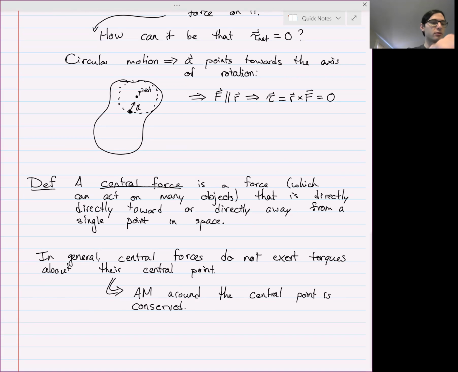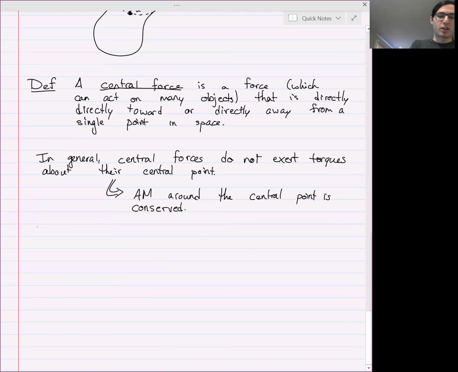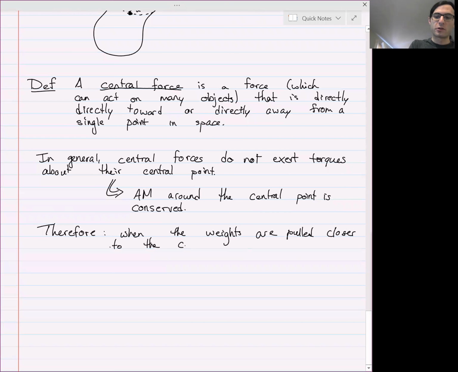And so, going back to how this rotation occurred, the spinning me demo, we can finally explain that. When the weights are pulled closer to the center, by the way, notice when I did this, I pulled them to me, not one of them off to the side, right?